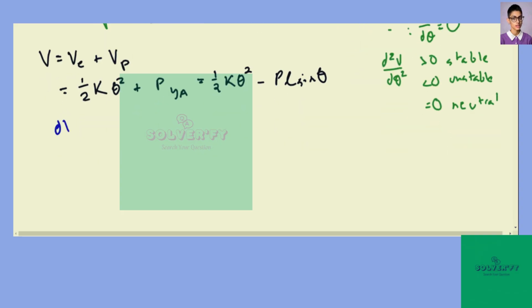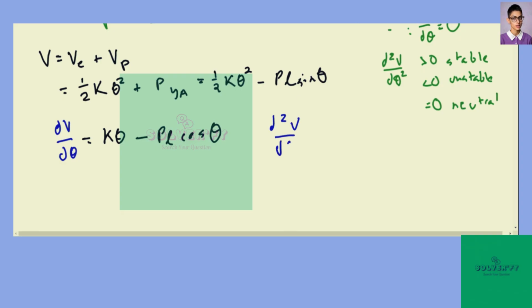So let's go ahead and take the first derivative with respect to theta, which is, again, pretty easy here. Derivative of 1/2 K theta squared is K theta, just power rule, 2 times 1/2. And the derivative of PL sine theta is just PL cosine theta. And we can go ahead and take that second derivative now too while we're at it.